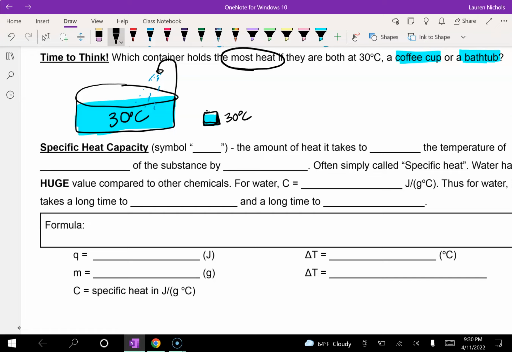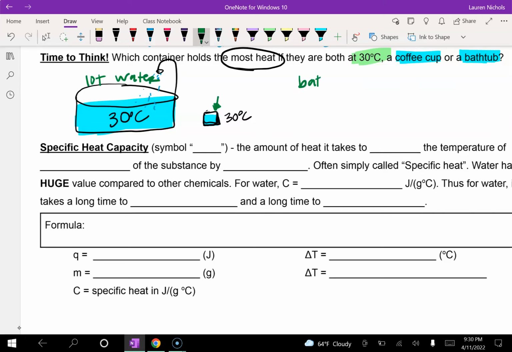Okay, so some of you might have said, well, they're both at 30 degrees, so they have the same amount of heat. But we know that the bathtub has a lot of water in it. Because it has more water, even though it's at the same temperature, we know that it is faster to heat up a small amount of water, like in a coffee cup, versus a bathtub.